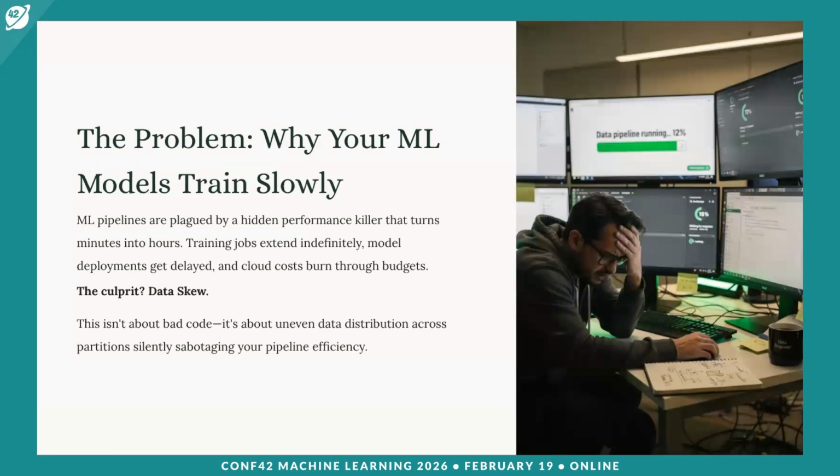Let's jump in. The first question everybody has in mind is why these ML models are running slowly when earlier they were running well. ML pipelines are plagued by a hidden performance killer that turns minutes into hours, training jobs extend indefinitely, and model deployments get delayed.